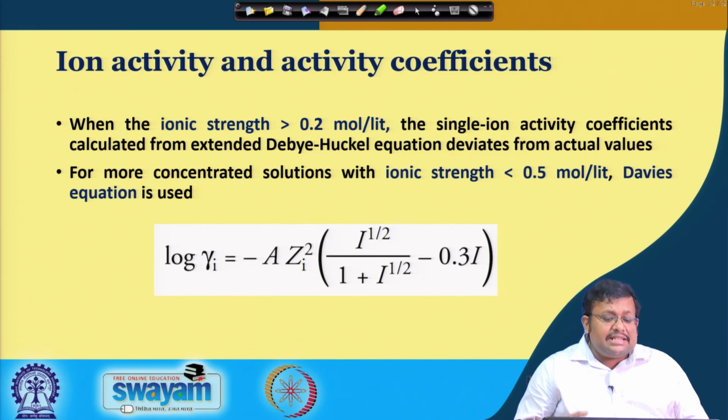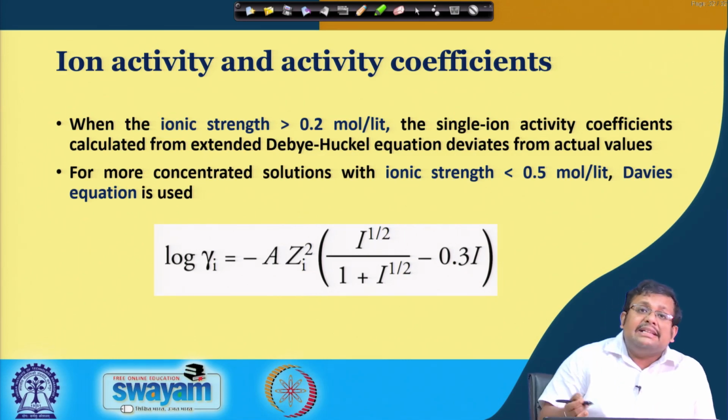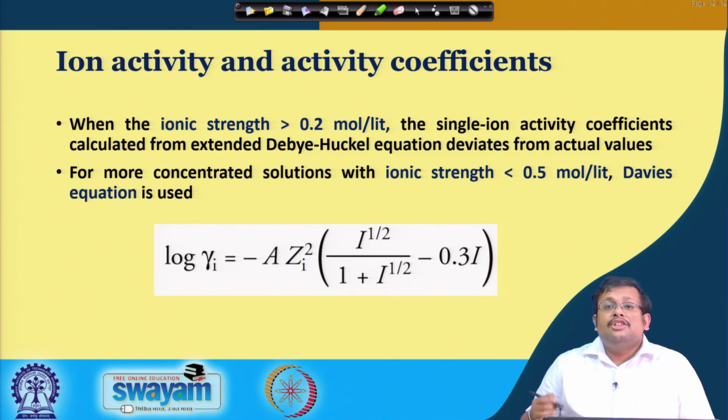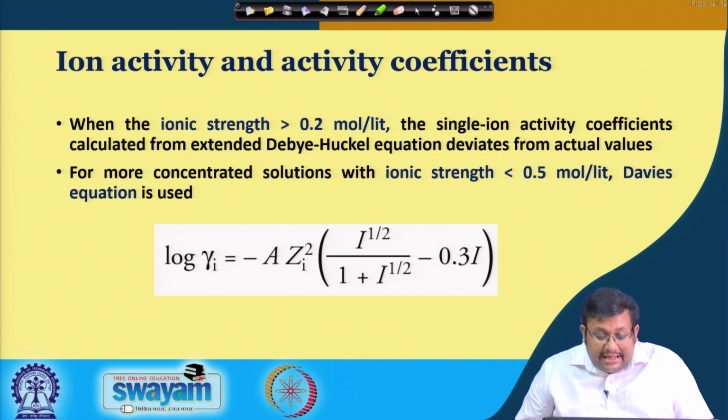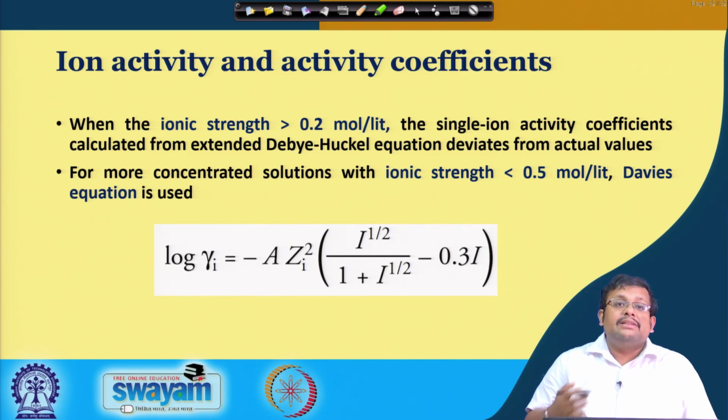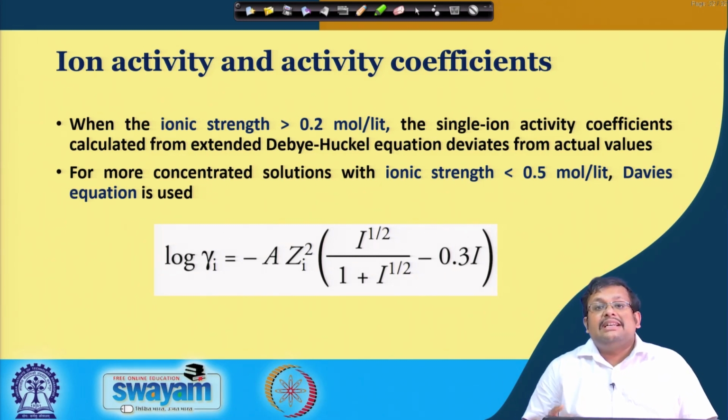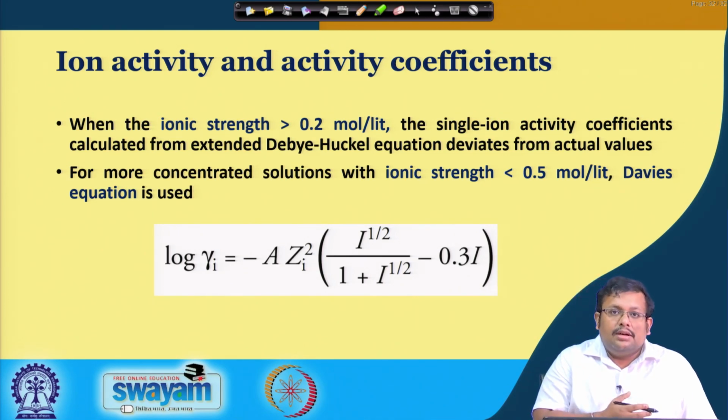So, what is the relationship between the ion activity and activity coefficients? When the ionic strength is less than 0.2 mole per liter, the single ion activity coefficients are calculated from the extended Debye-Hückel equation, as we have seen.